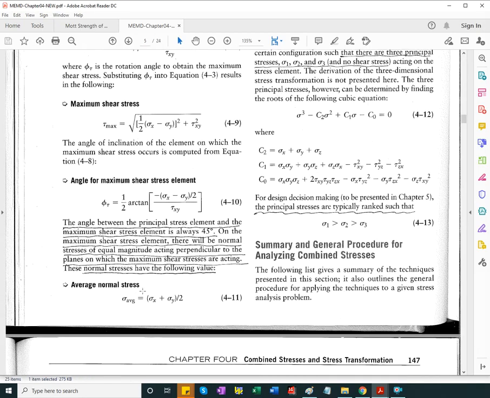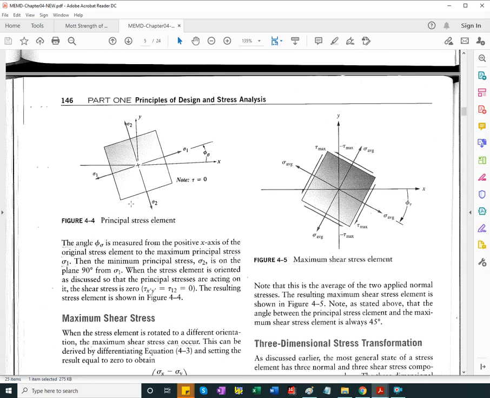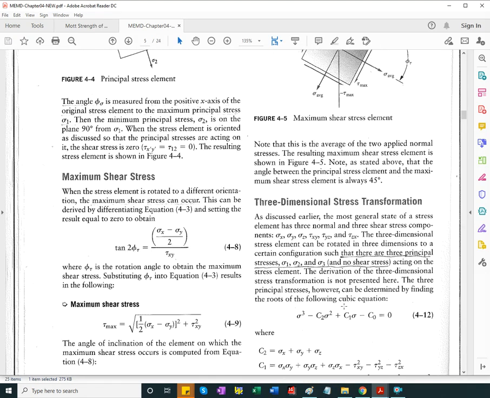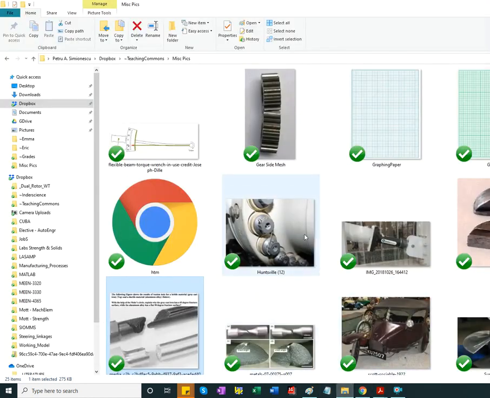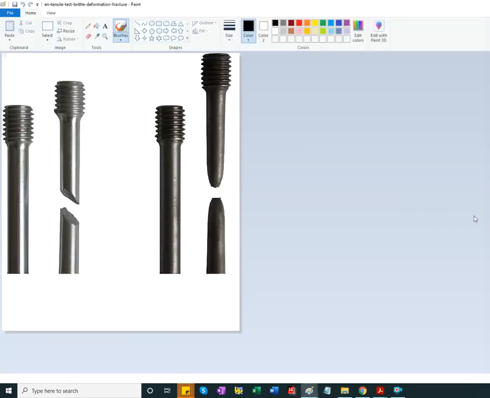Okay, so the average stress being sigma x plus sigma y divided by 2, or could also be sigma 1 plus sigma 2 divided by 2. So this important conclusion that the angle between the principal stress element and the maximum shear stress element is always 45 degrees. So if we go back to these figures, or maybe this one.